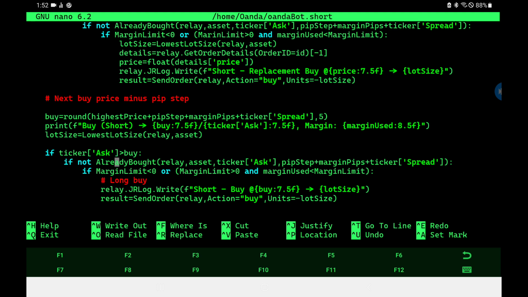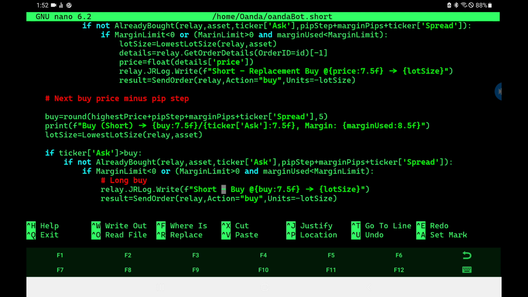Only if we are not stacked. Again, we don't want to be too clustered with our orders. We want them spread out. And we check the limits again to make sure we're within the limits for our purchase.